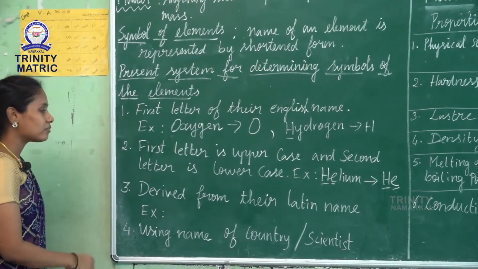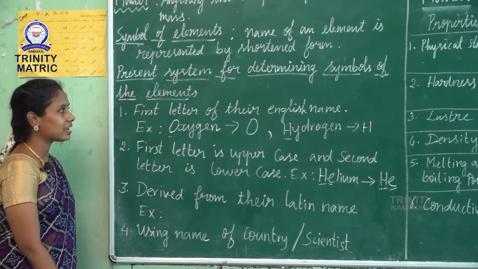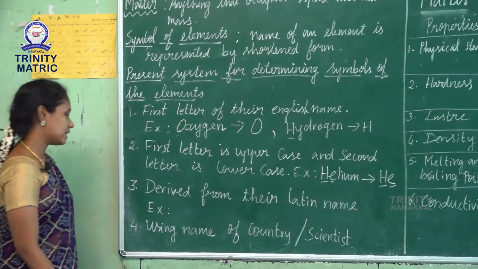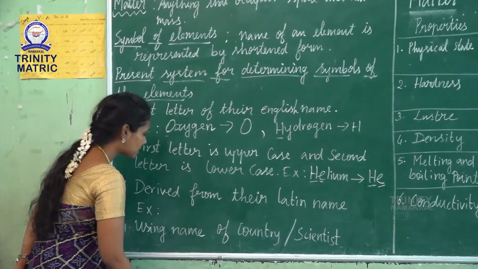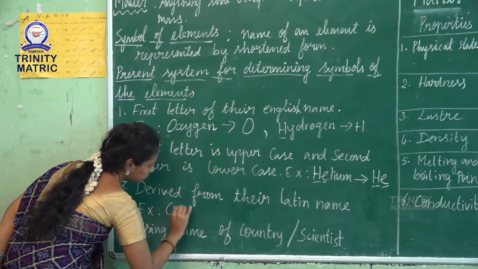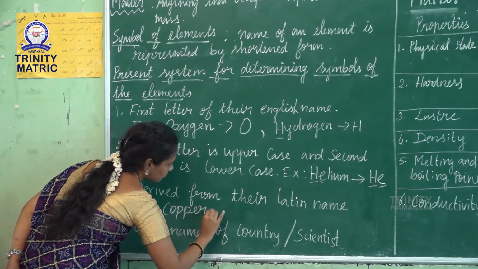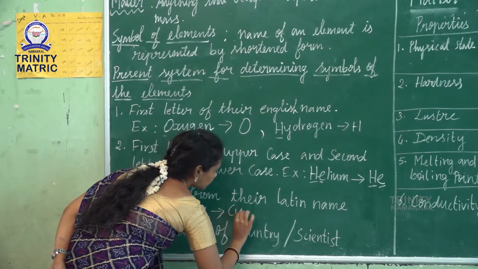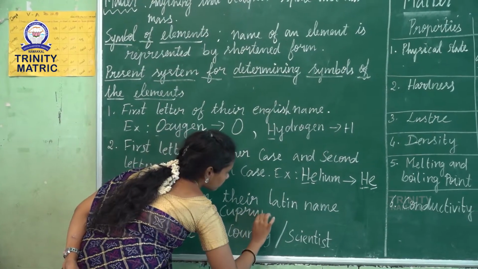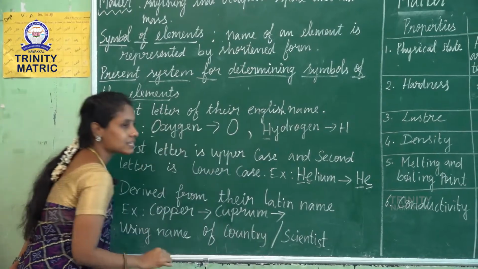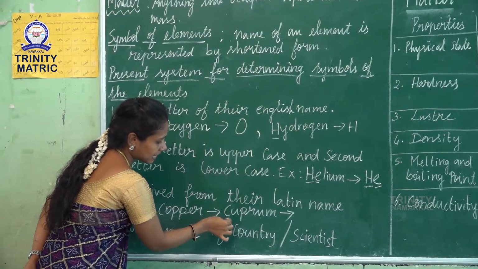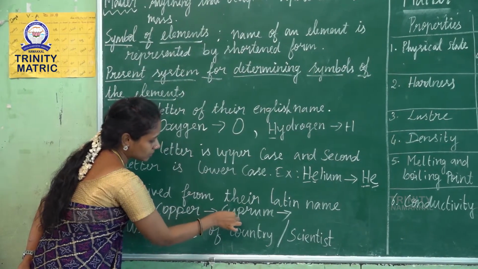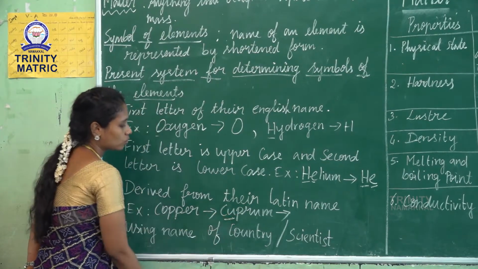Next, derived from their Latin names. Some of the elements are derived from their Latin names. One example is copper. The Latin name of copper is cuprum. So the symbol is their Latin name's first two letters, Cu.